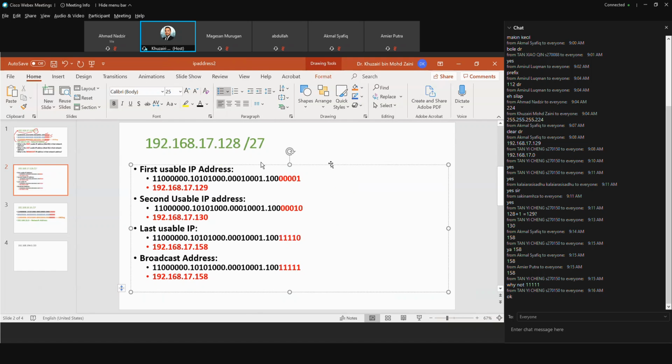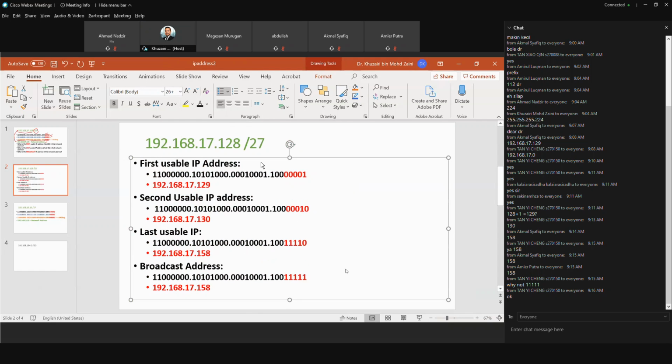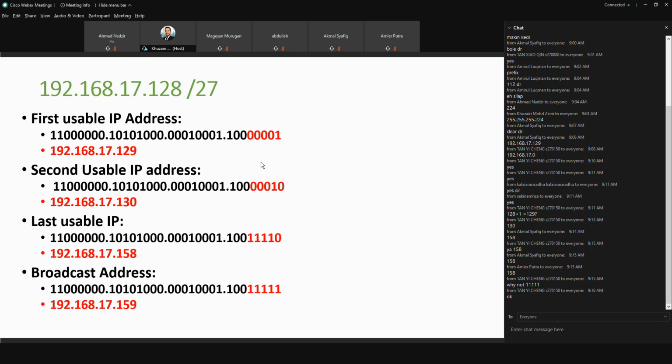So that is the broadcast address. Okay. Hope you can see. So the broadcast address will become 159. So that is how you do it.